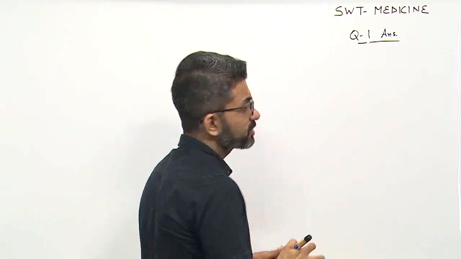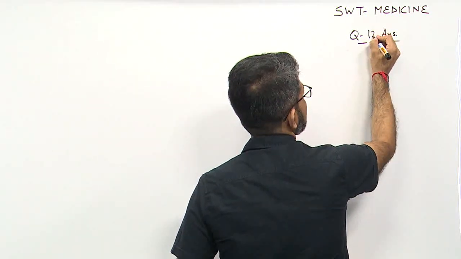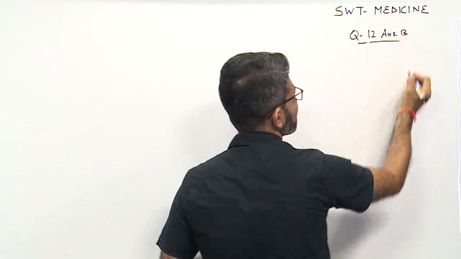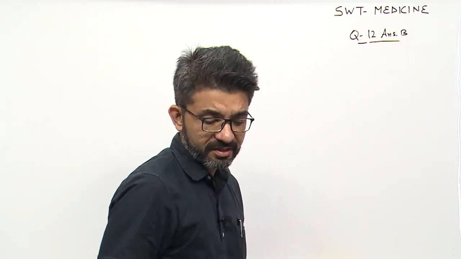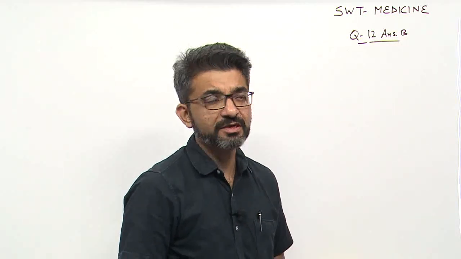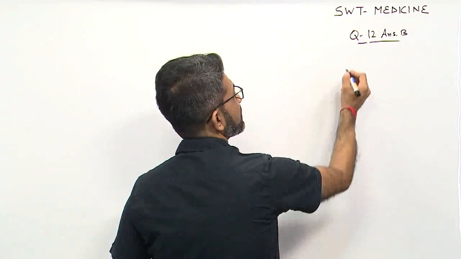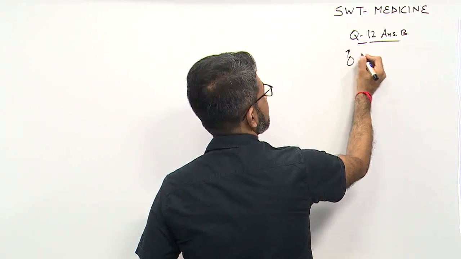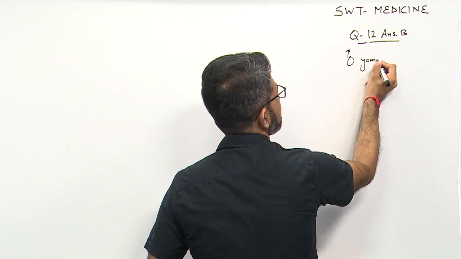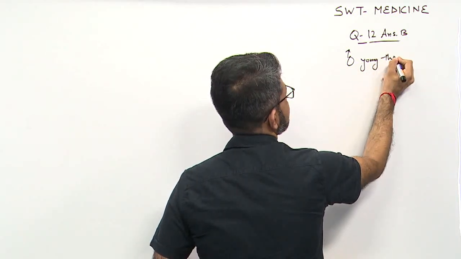Question number 12, answer is B. Question is self-explanatory regarding primary spontaneous pneumothorax. All of us know that it occurs in males, young, thin individuals.